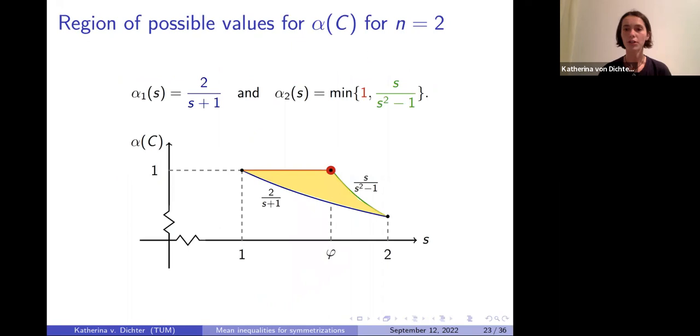So let's also talk about the red dot. The red dot is the maximum value of a symmetry S such that alpha can still be 1. Alpha is 1, meaning that the minimum is optimally contained in the maximum.